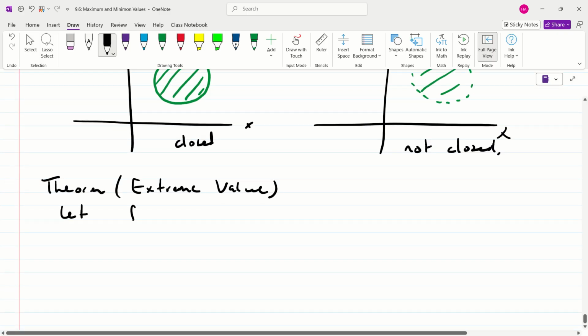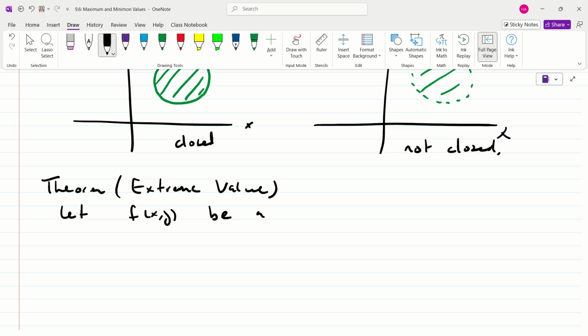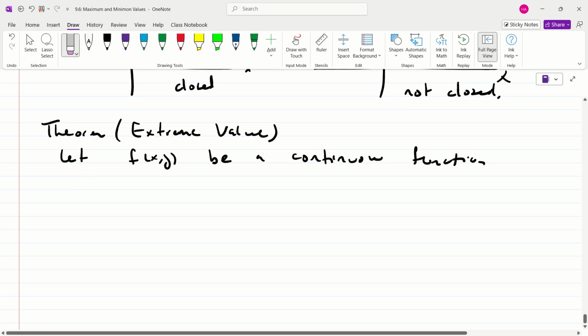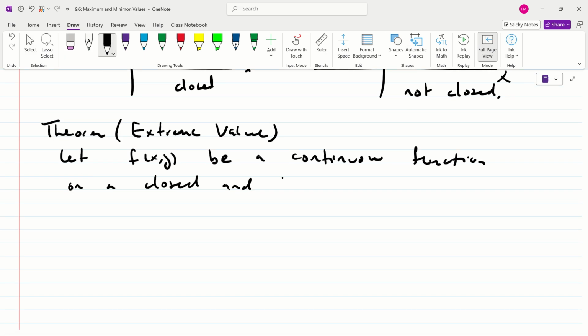So let f of x, y be a continuous function on a closed and bounded set D. So this guy is closed and bounded.